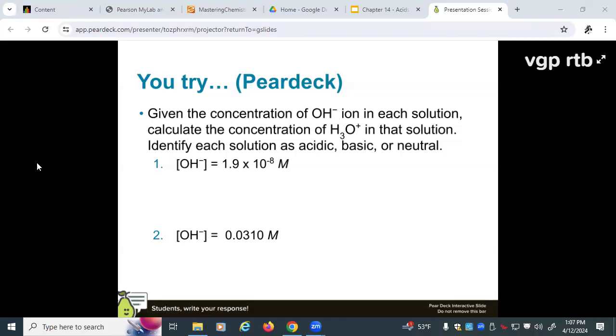So the equation that we have to remember is that hydronium concentration is equal to Kw, so 1 times 10 to the negative 14th, divided by the hydroxide concentration. So for number 1 here, 1 times 10 to the negative 14th over 1.9 times 10 to the negative 8.